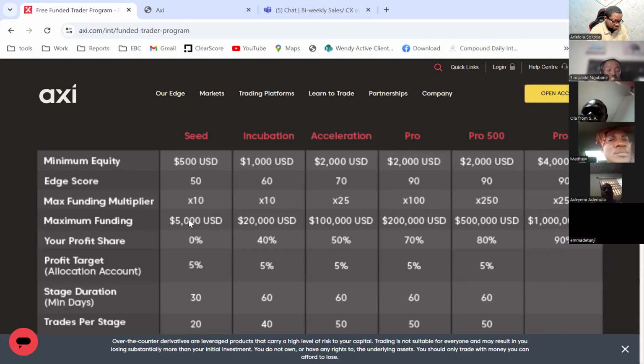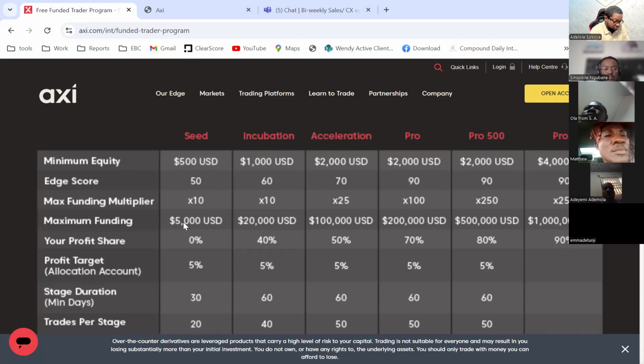You're going to have the AXI Select account with your $500, and that's your money, meaning that you can withdraw it anytime. And then we also have the $5,000, which is the allocation account. However, you don't trade the 5,000 directly. It's read only, but it copies whatever you are doing on your AXI Select trading account with your $500.